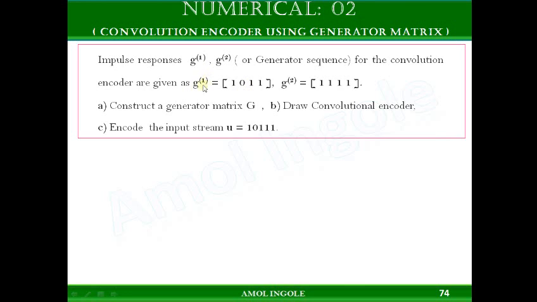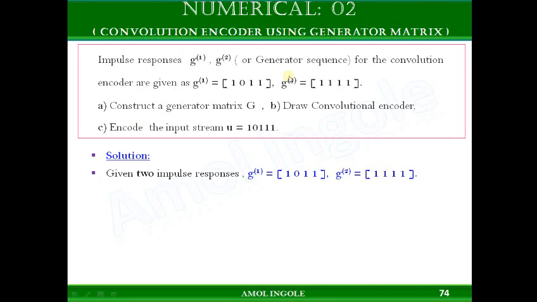This is the generator sequence G1, and the generator sequence G2 is 1111. You're supposed to construct a generator matrix G, draw the convolution encoder, and encode the input string U. So here the input bit stream is given as 10111. Let us solve this.